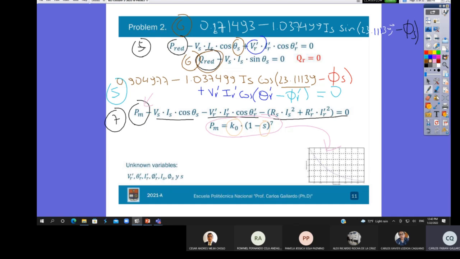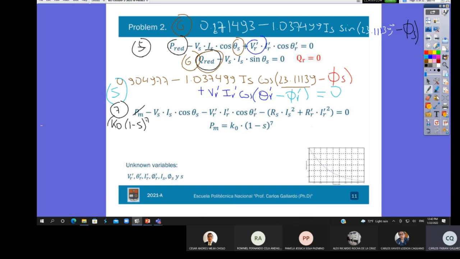Substituting this term into the equation for the mechanical power, I will now have 7 equations and 7 unknowns.